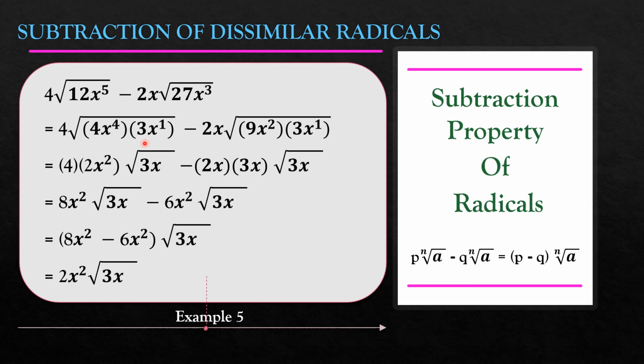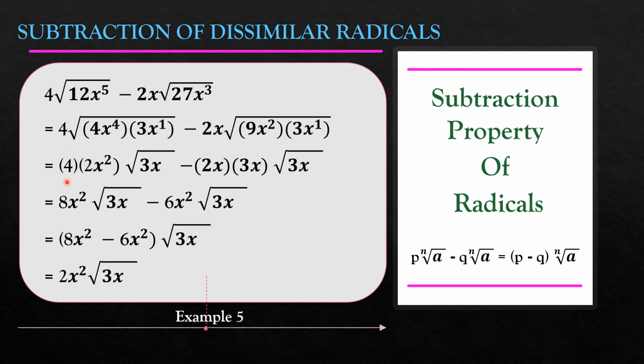Okay, na-explain ko na to kanina sa addition. Same lang po. Operation lang po ang naiba. And then, so minus 2x. Okay, ang factors naman ni 27x cubed na kung saan ang isang factor niya ay perfect square is 9x squared and 3x raised to 1.